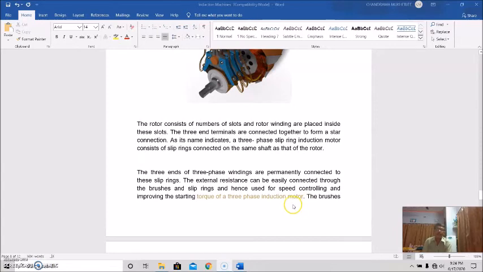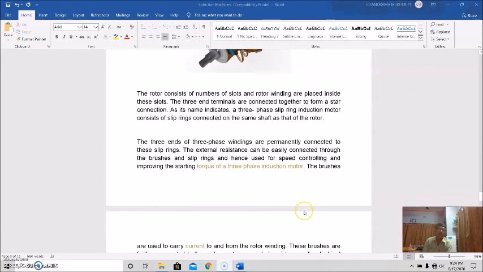External resistance can be easily connected through the brushes and slip rings, and hence used for speed controlling and improving the starting torque of a three-phase slip ring induction motor.